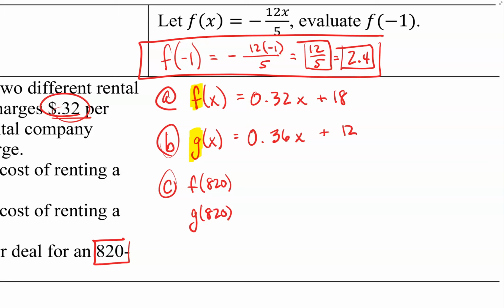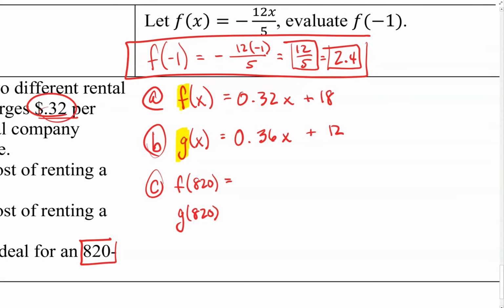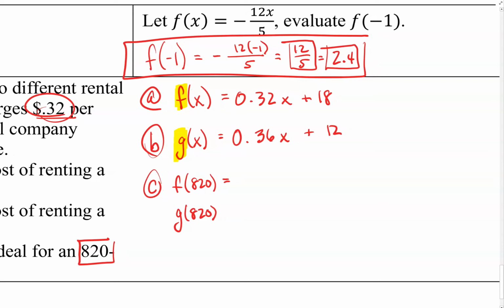If I write f of 820, I should recognize that f represents our proxy car rental company cost, and g is going to be the Your Pal rental company cost. So if we evaluate these, this would be 0.32 times 820 plus 18, and 0.36 times 820 plus 12. And now we can go to the calculators and compute those results.